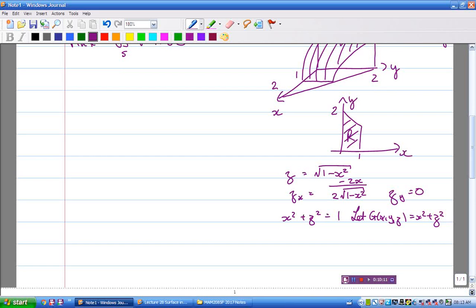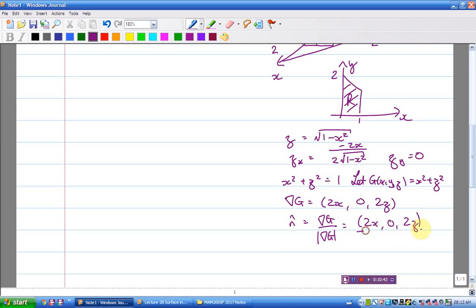Let's say there was a new function I've just invented called g, my surface equation with all of the variables on the same side. So grad of g is going to be 2x, 0, 2z, and my normal is going to be grad g over mod grad g, which is going to be 2x, 0, 2z over the square root of 4x squared plus 4z squared.